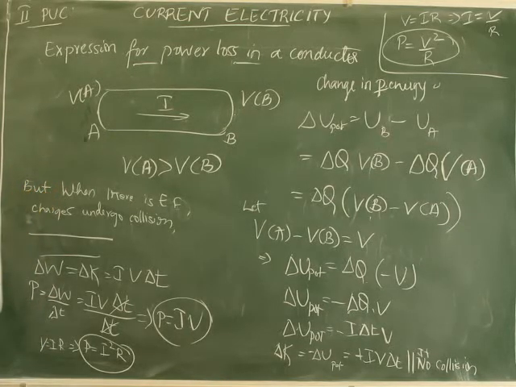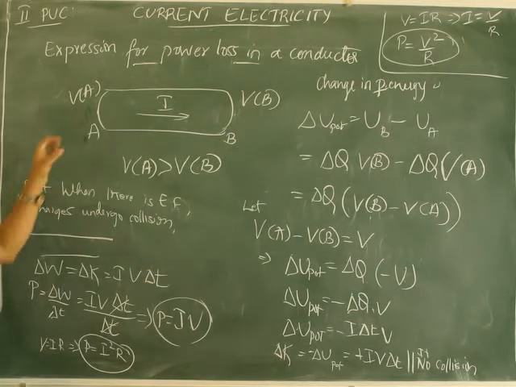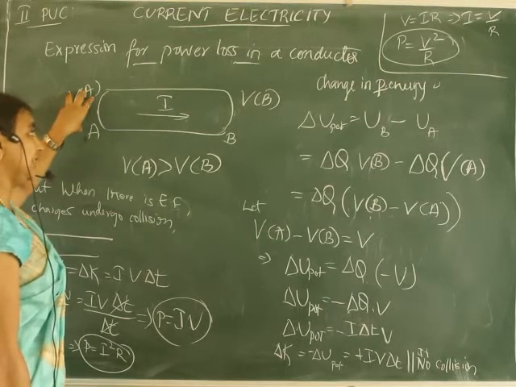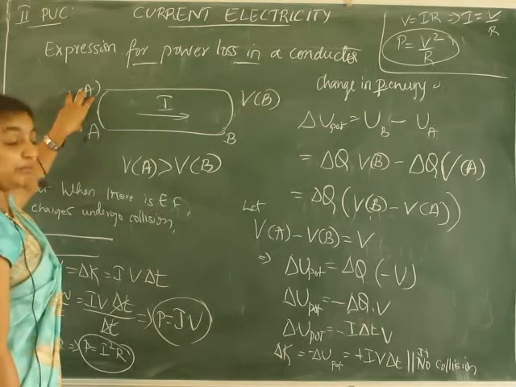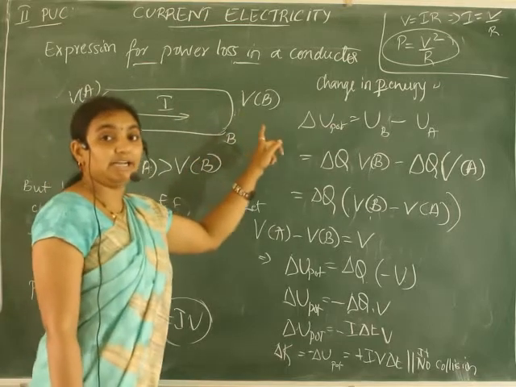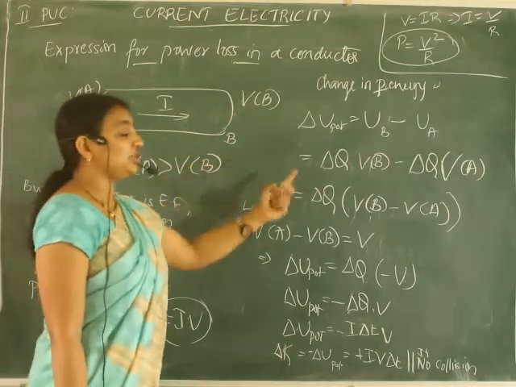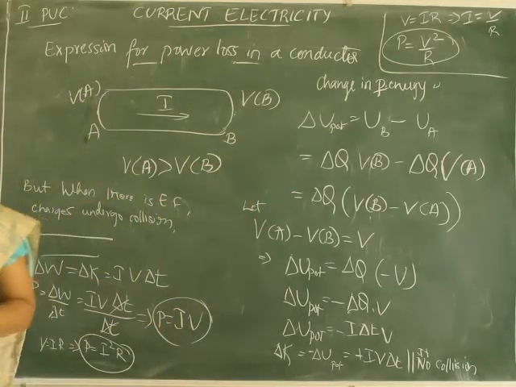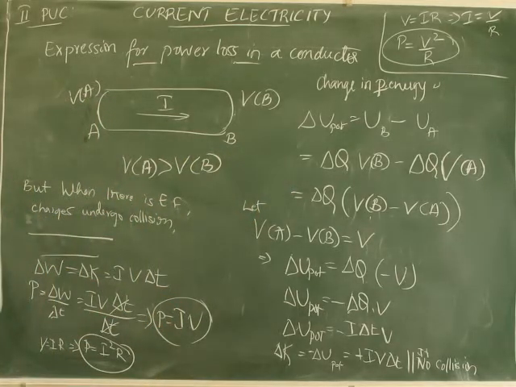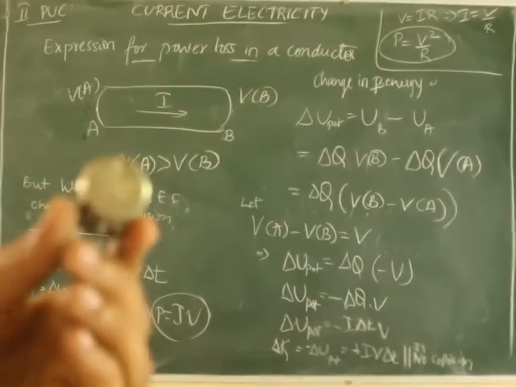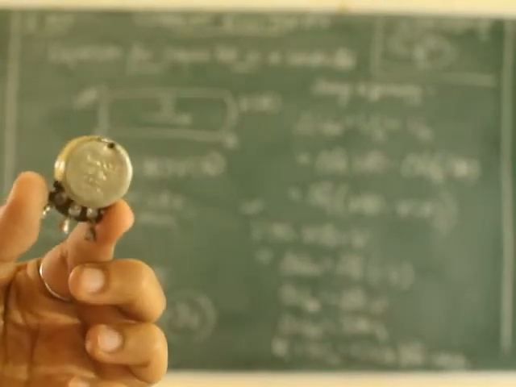The next concept we have done: the expression for potential energy at A, delta Q into V, potential energy at B, then change in potential energy. We can change this potential energy by using a pot. See here, this equipment is nothing but a pot.